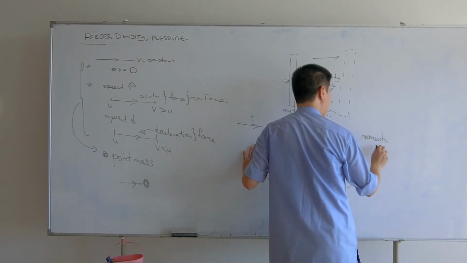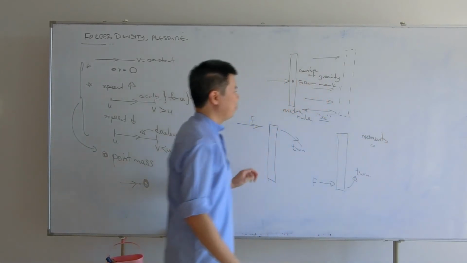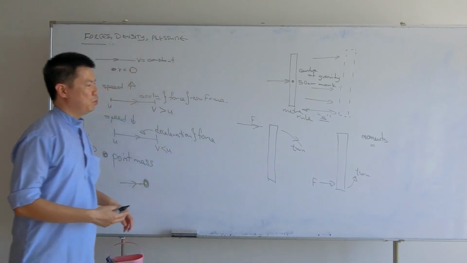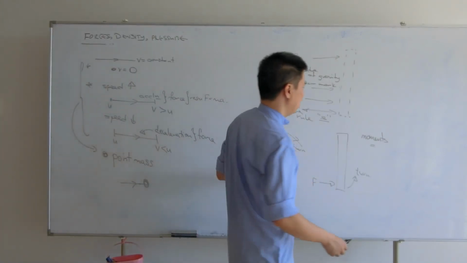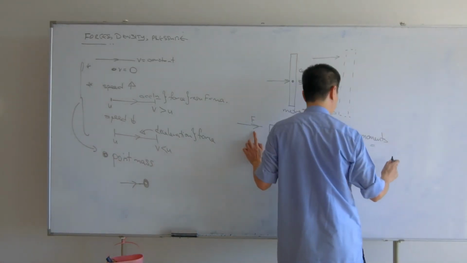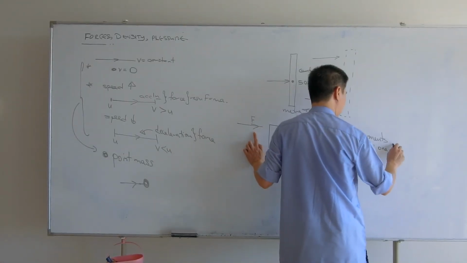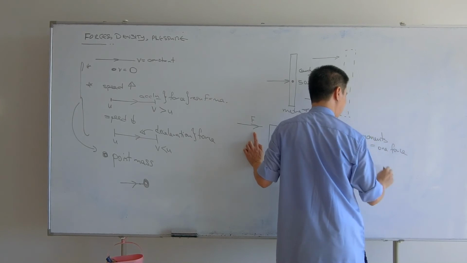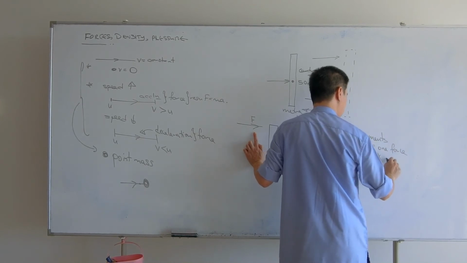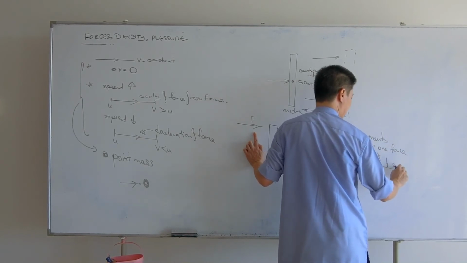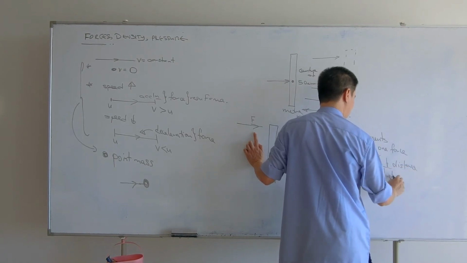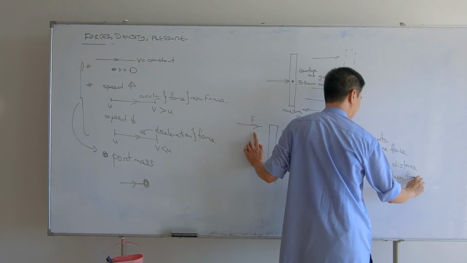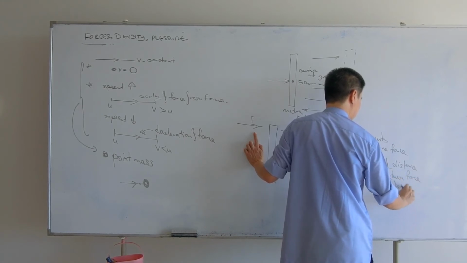You can say moments is just basically an equation that tells you how to measure this turning effect. Okay? You have one force, so you take one force times the perpendicular distance between the force and the pivot.